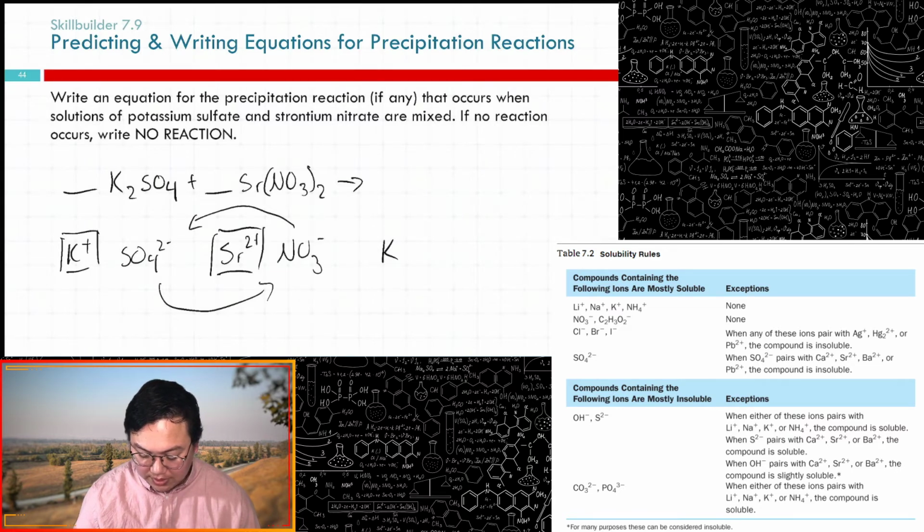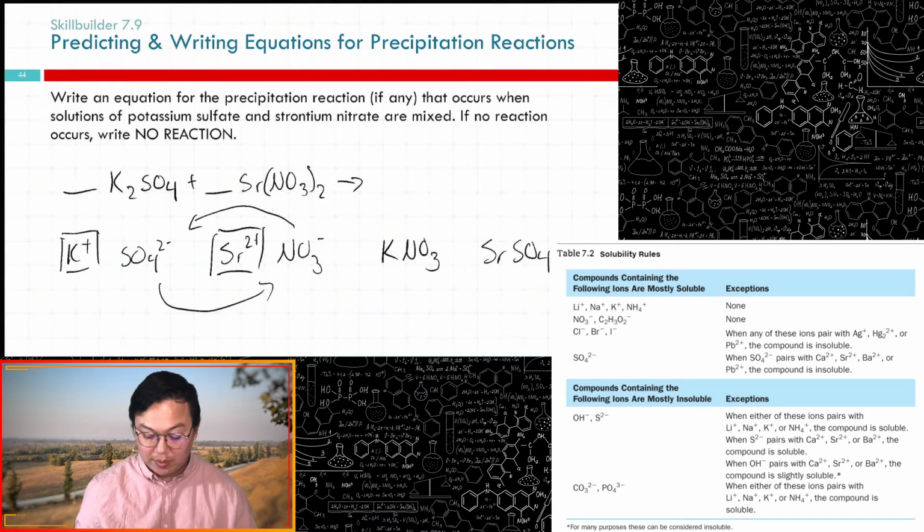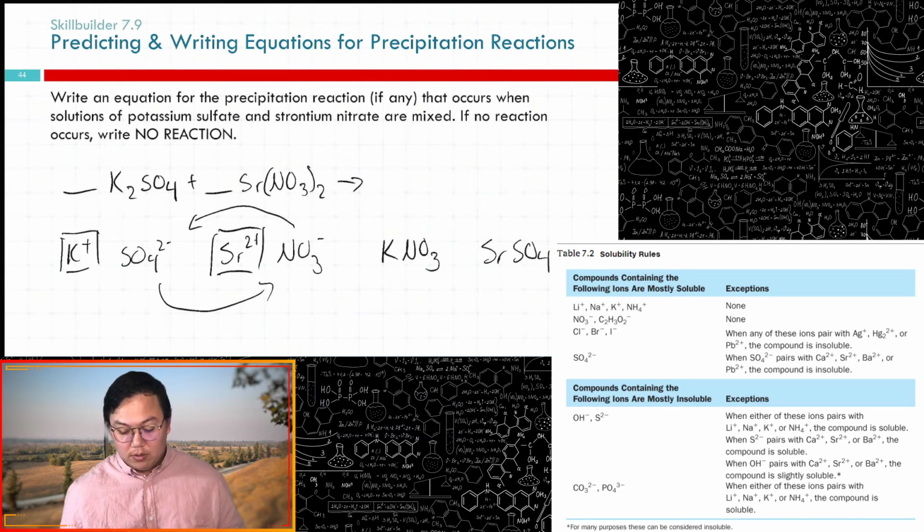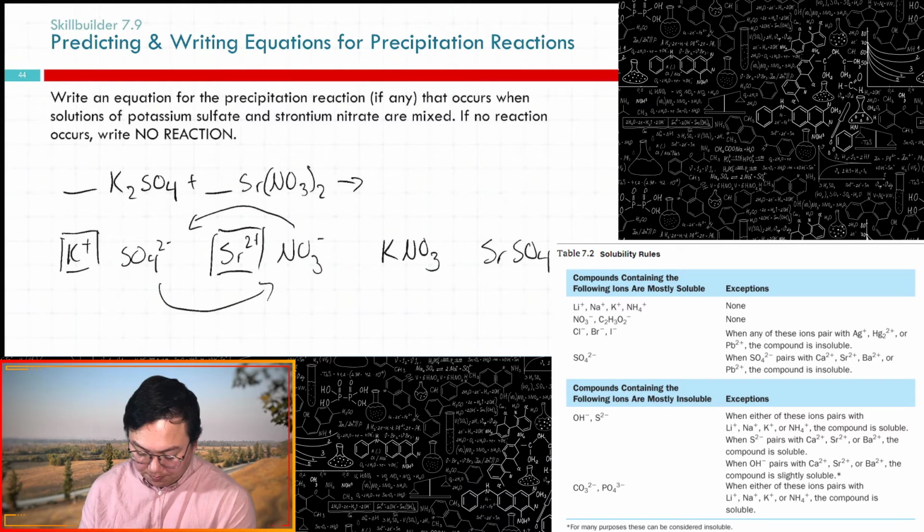So we're going to get potassium nitrate, and we're going to get strontium sulfate, right? Since both have strontium with a 2+ and sulfate with a 2-, those mix 1-to-1.